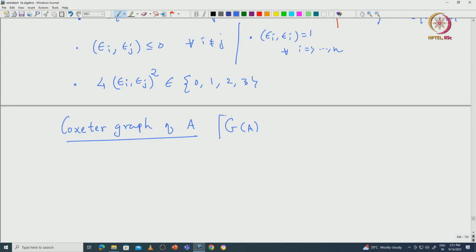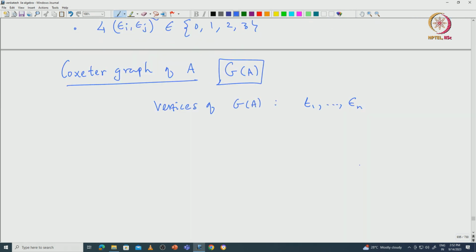So, what is the Coxeter graph of capital A, which we denote by G of A? The vertices of G of A are all the elements of this capital A, which are exactly epsilon 1 through epsilon n.